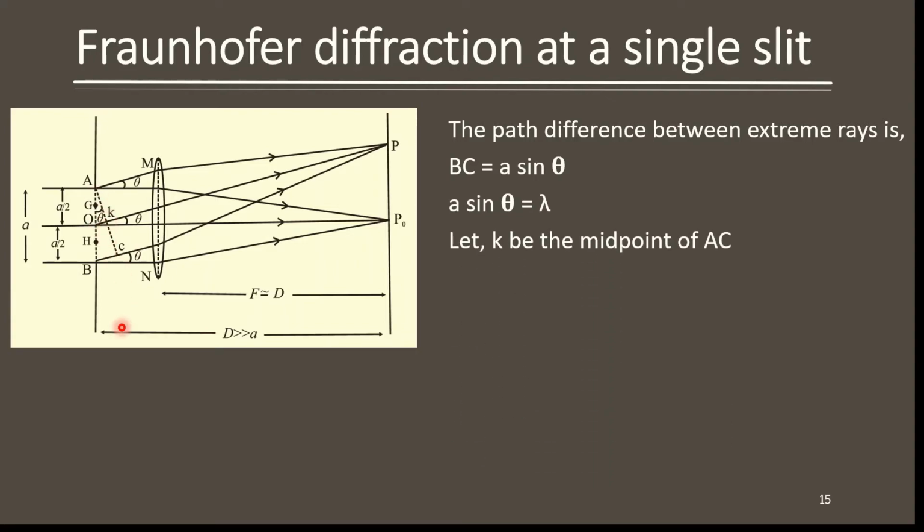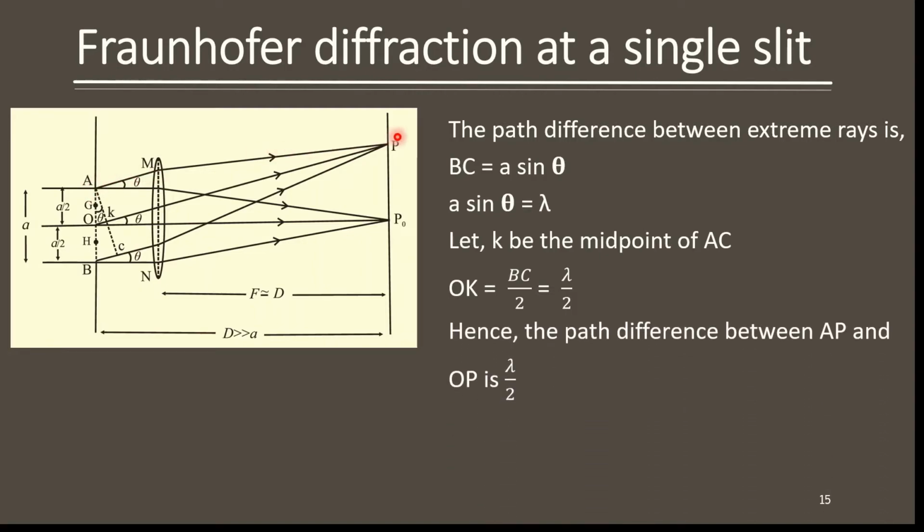OK is equal to half BC, which is lambda by 2. Hence, the path difference between AP and OP is lambda by 2. So these two rays produce destructive interference at P.